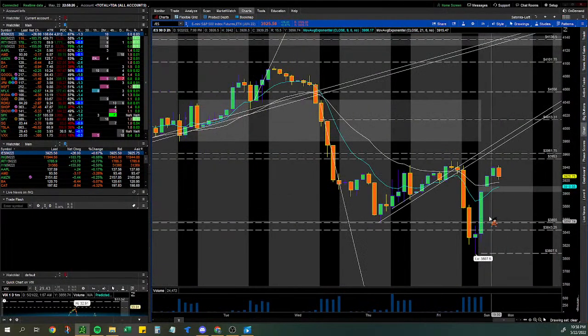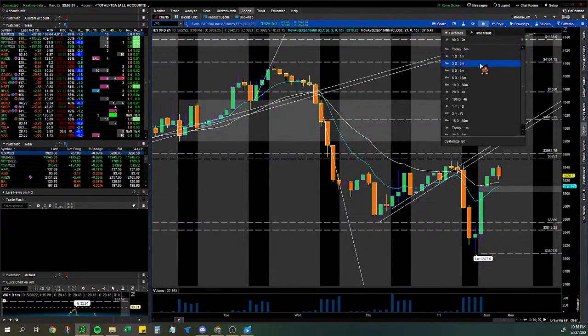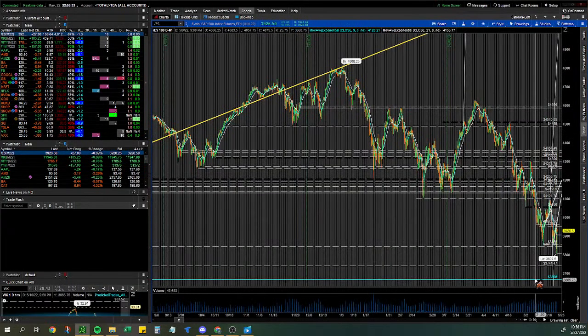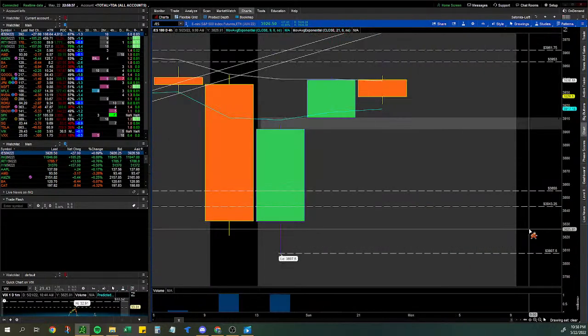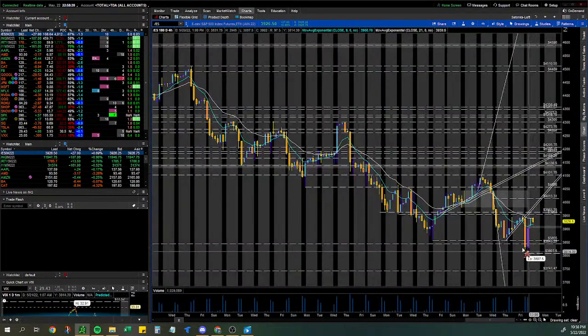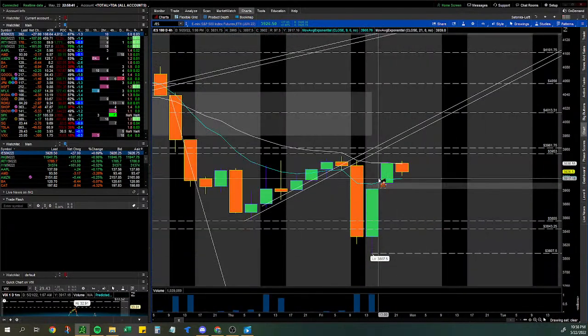On a 2-hour, we're back above. Let's step out a little more. On a 4-hour, like clockwork. On the 4-hour, we got up to the 21, and we pulled back to the 8.